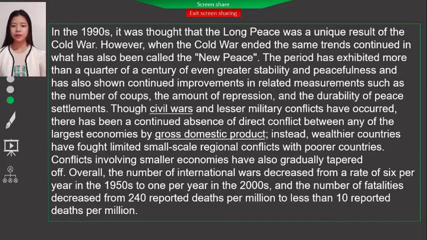Settlement through civil wars and resource military conflict occurred. There has been a continued absence of direct conflict between any of the largest economies by gross domestic product.